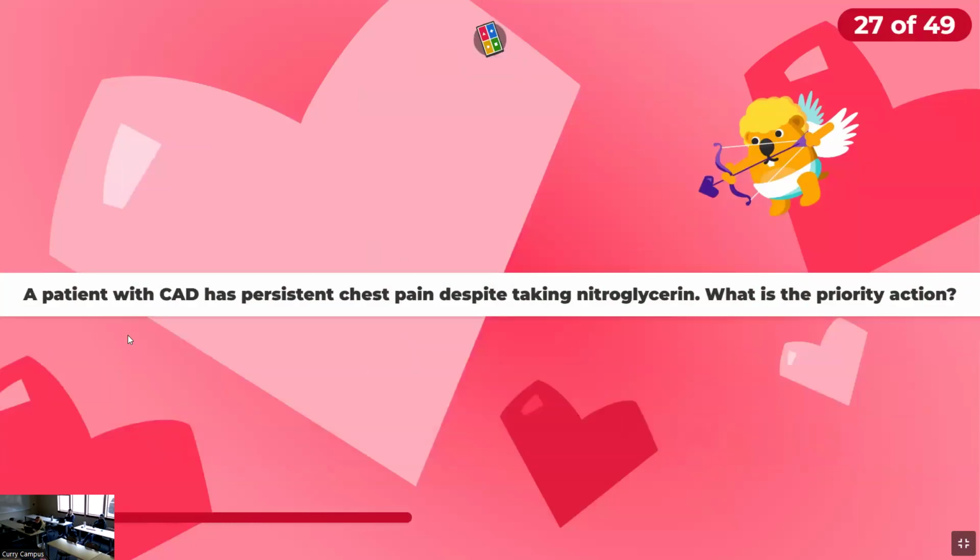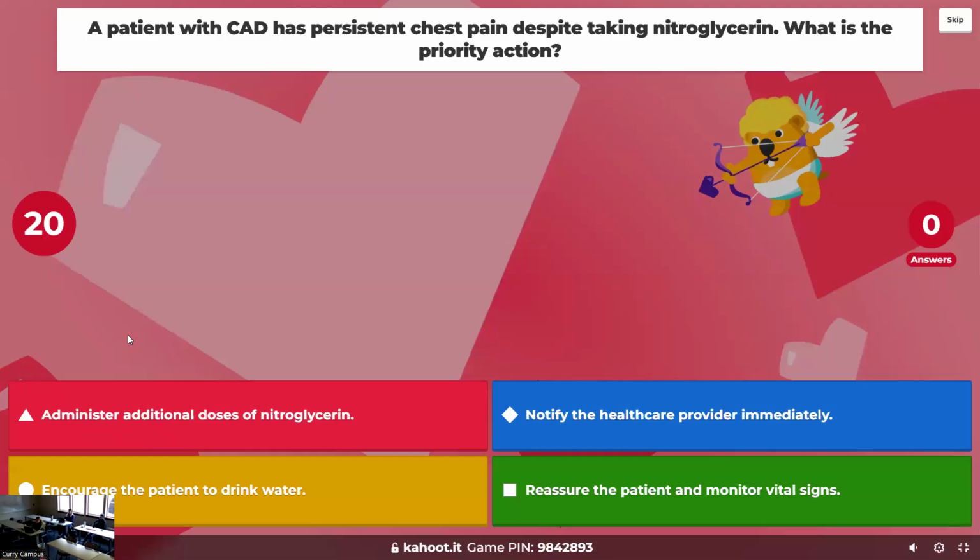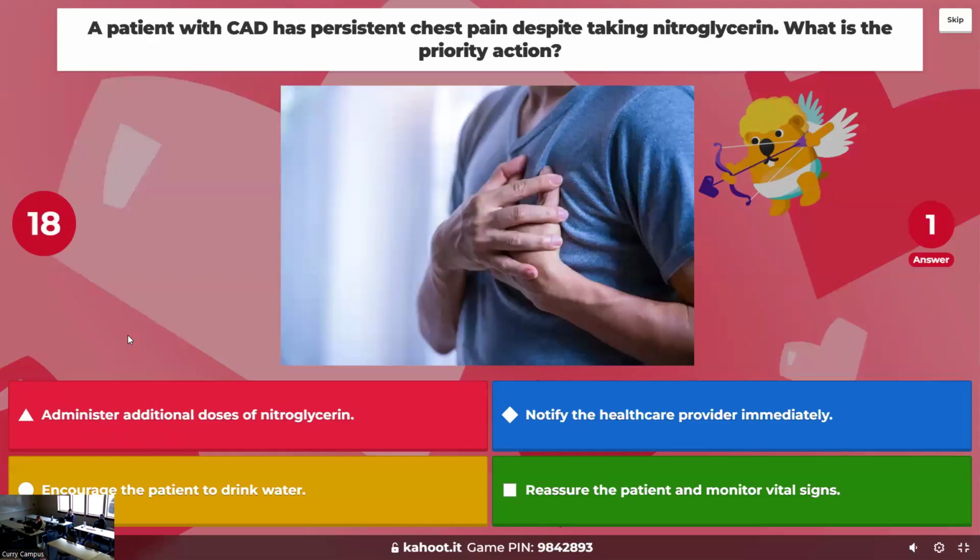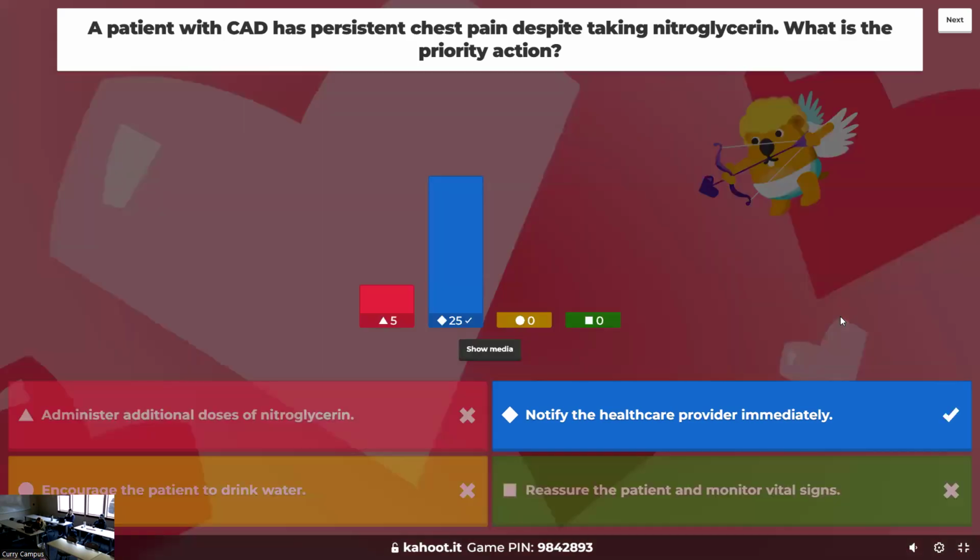A patient with CAD has persistent chest pain despite taking nitro. What is the priority action? And the green is reassure patient and monitor vital signs. And the yellow is encourage patient to drink water. All right, almost everybody got that one.